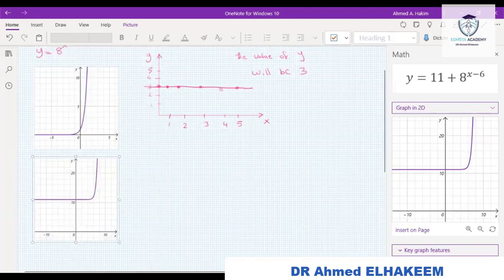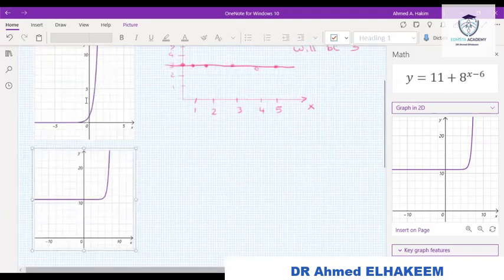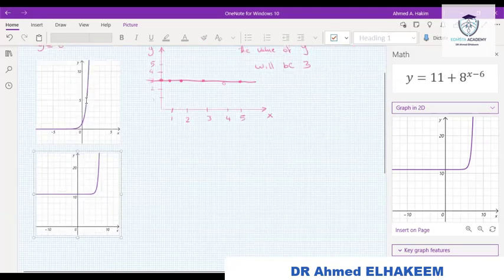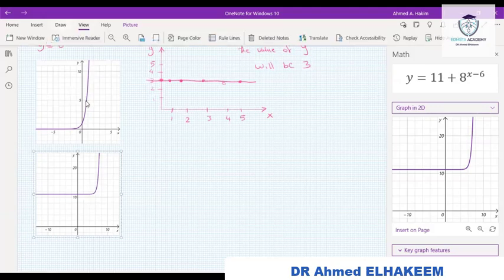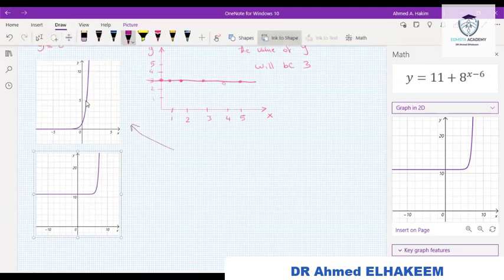Let's try to compare with your eyes. This was y equals 8 power x. That one is y equals 11 plus 8 power x minus 6.